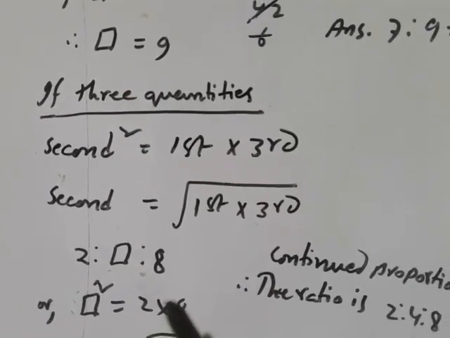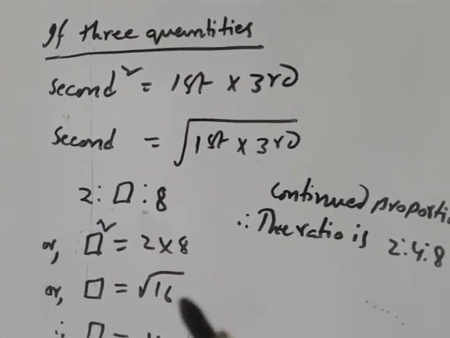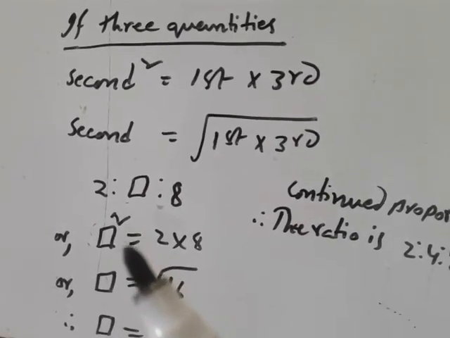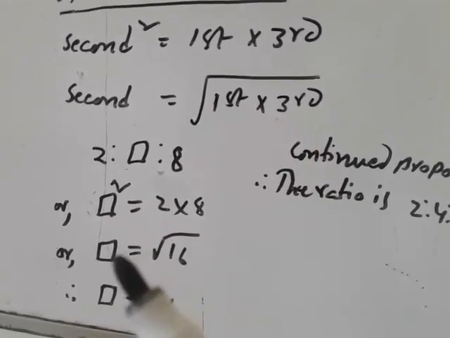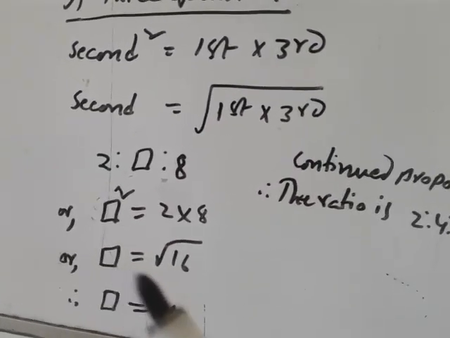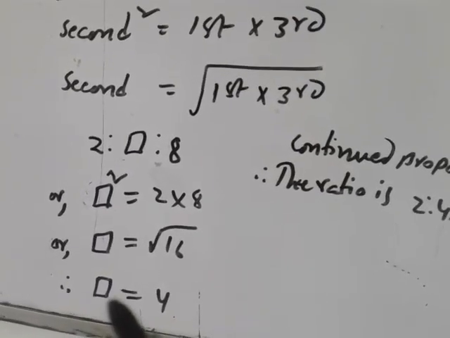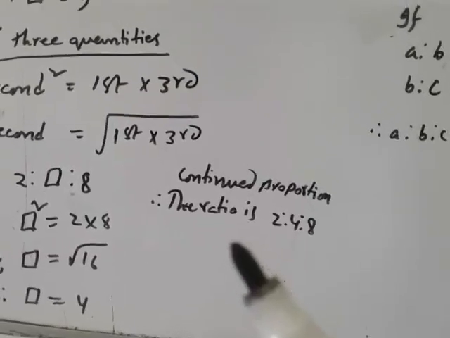Blank squared equal to 2 multiply 8. Then 2 multiply 8 equal to 16. If we take the square root of the second squared, then the blank equal to the square root of 16 equal to 4. In the blank space there will be 4. Therefore the ratio will be 2:4:8.